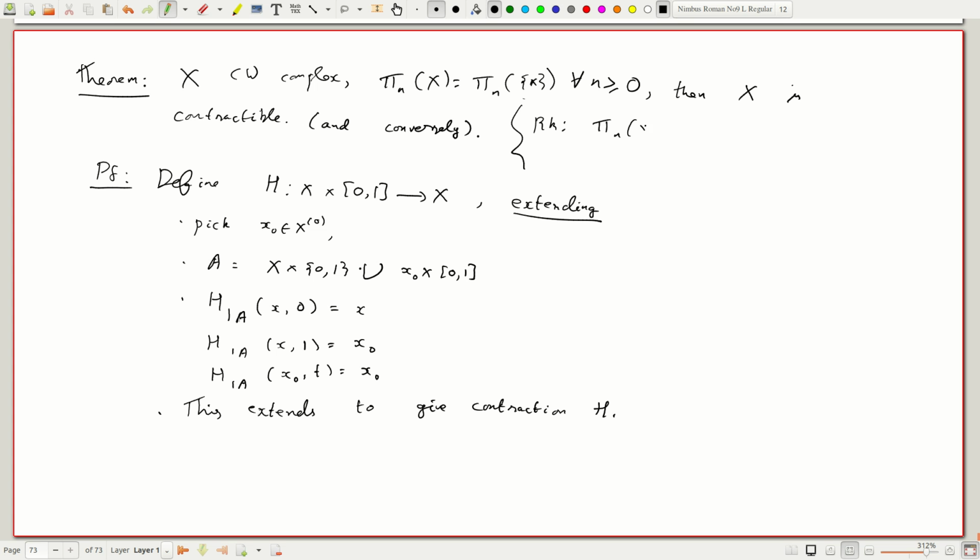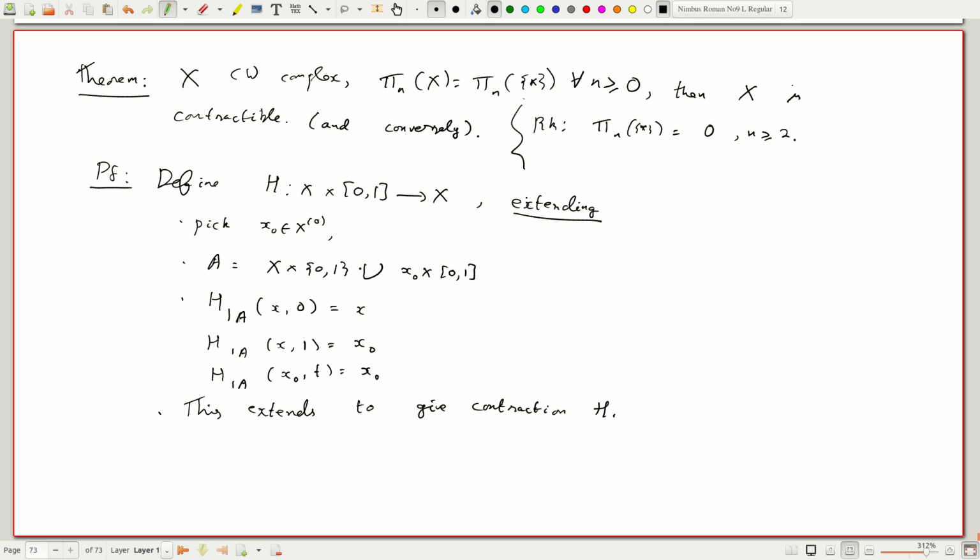Pi n of star is the abelian group 0 for n greater than or equal to 2. Okay, so if it's contractible, all homotopy groups vanish in the sense that pi 0 is a single point and others are the trivial non-abelian group and the trivial abelian groups. So this gives a nice characterization. So CW complexes are contractible if and only if all their higher homotopy groups vanish.